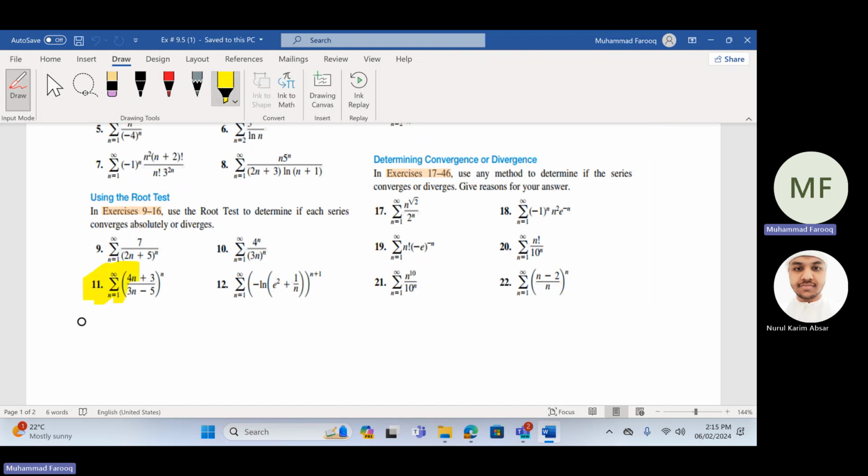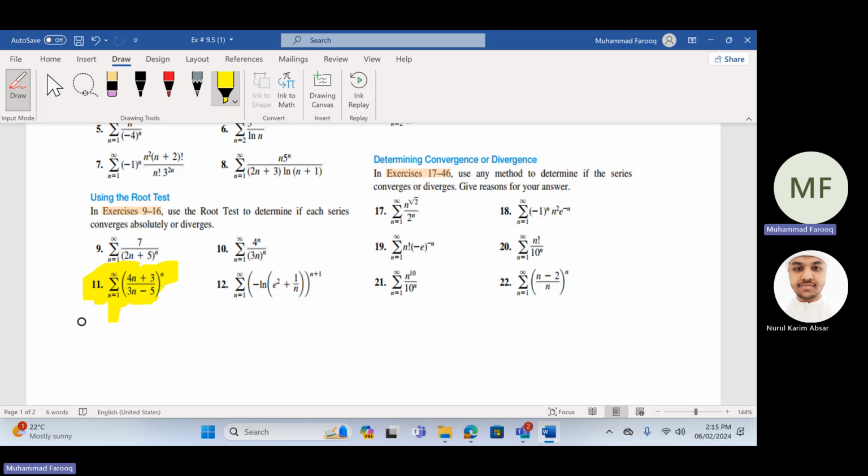Come on, 11. So what do you think? What's the answer? 4 over 3. Converge or diverge? Greater than or equal to 1, so diverge. Yes, you're right.